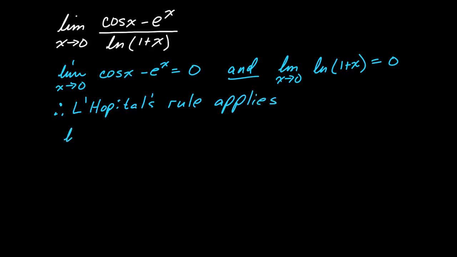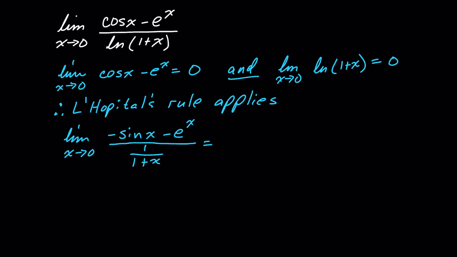All right, so that's going to give us the limit as x approaches 0. Derivative of the numerator is going to be negative sine of x minus e to the x over, and then the derivative of natural log is going to be 1 over 1 plus x.